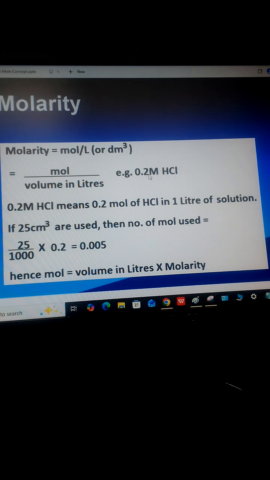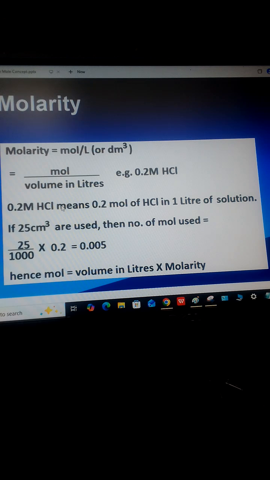This is the molarity of hydrochloric acid in this case. The number of moles per volume in liters. So if you have a solution of 0.2 M hydrochloric acid, it means that there are 0.2 moles of hydrochloric acid in 1 liter of solution. Alright? So this is what you have. You have a liter of a solution of hydrochloric acid with this concentration, 0.2 M.